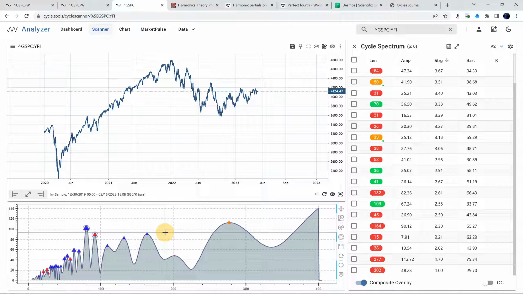I mean, for sure, we can add more data and refine the analysis, but we want to have a current projection, and therefore it's not really an option to add more and more historical data, because we want to fine-tune the current projection into the future. But now we can use the knowledge we have from the long-term analysis to derive some conclusions on what to use on a daily chart now.